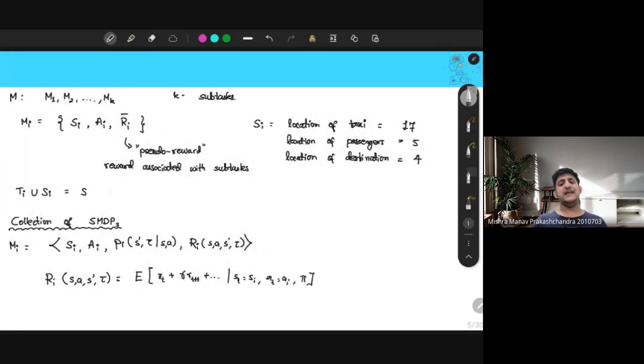So this is the reward that you get from the core MDP side of things. And secondly, you have the pseudo reward component, which is the reward on completion of a given subtask.